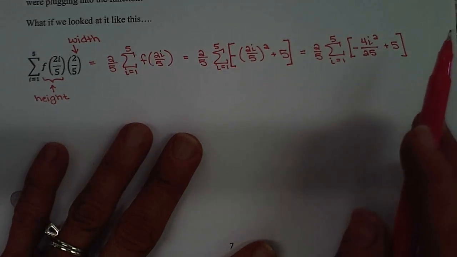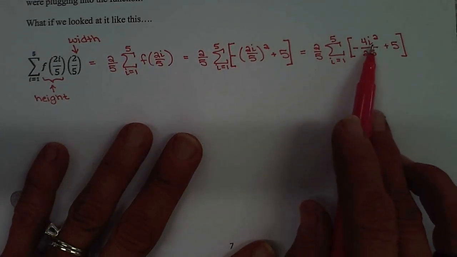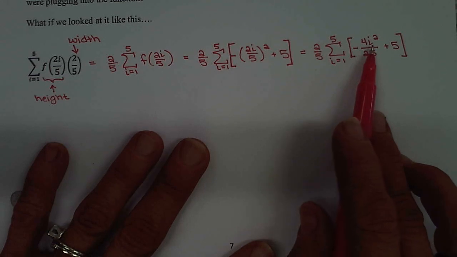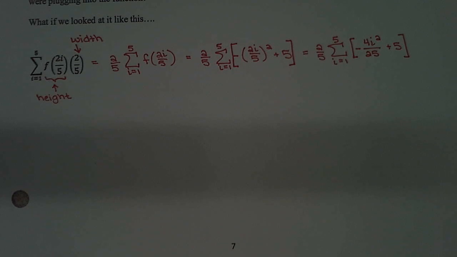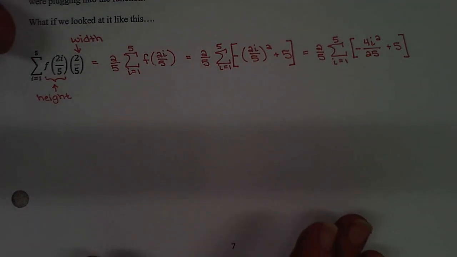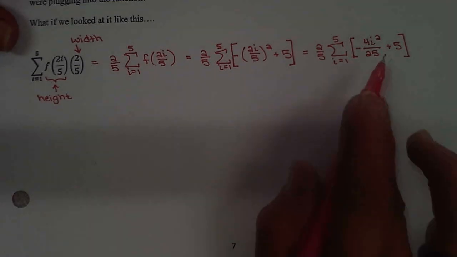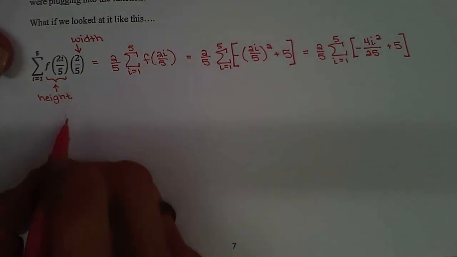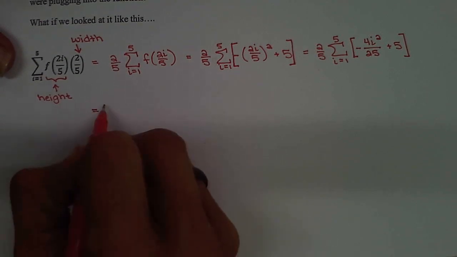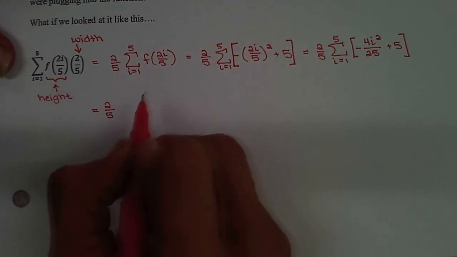And now that I have this i squared, we start looking like the formulas that we had last class period, and we're going to be able to make substitutions with our n's. Before we do that, I'm going to do a little more simplifying so that we can pull things apart and separate them so they're easier to work with. So I still have the 2/5 in front.